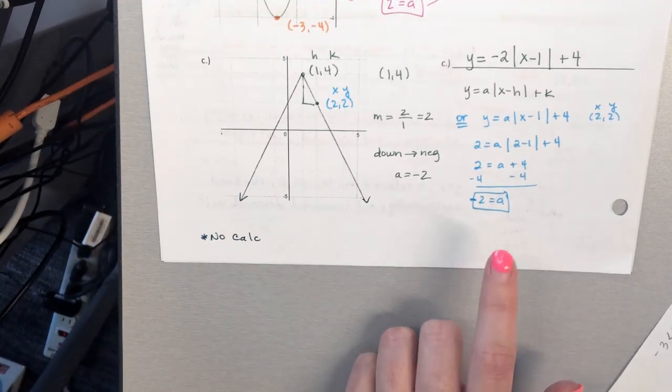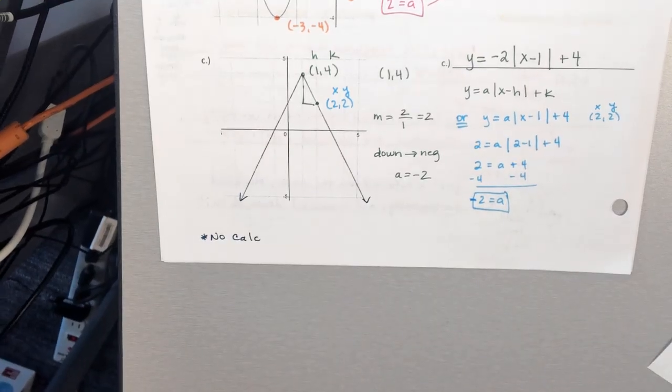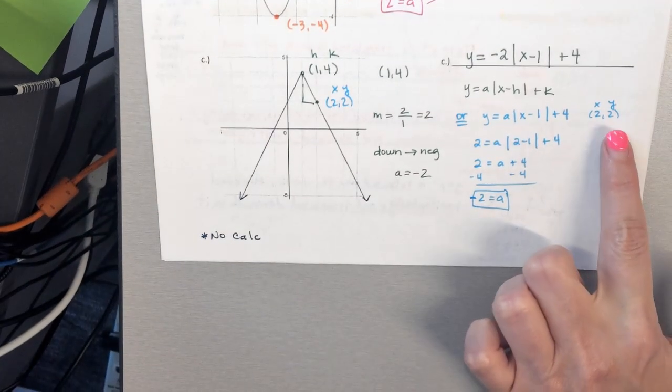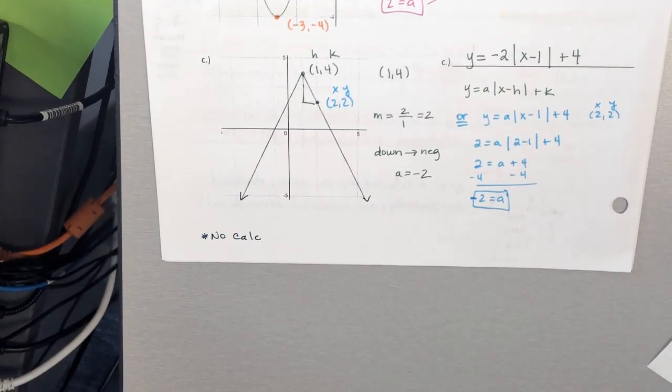I also showed you on C, you could solve this like we did for B by finding a point on there, plugging it in, and solving for A. So if you're ever unsure about your slope, okay, you can use the algebraic method to solve. All right.